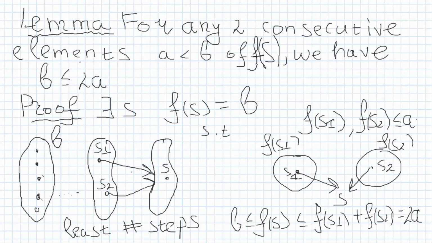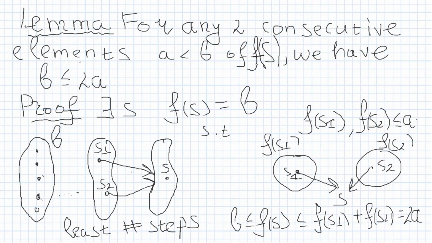So then we consider the minimal number of encounters such that these encounters can produce some state S such that f of S is b, and I mean produce from the configuration of b birds, right?